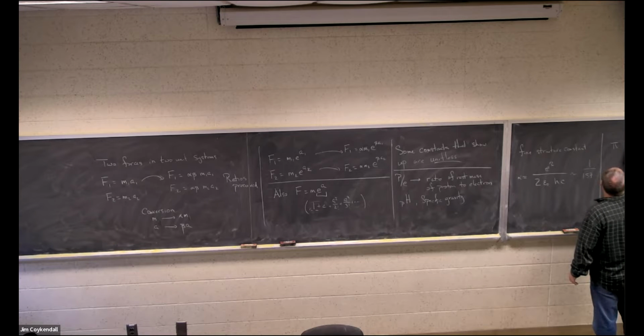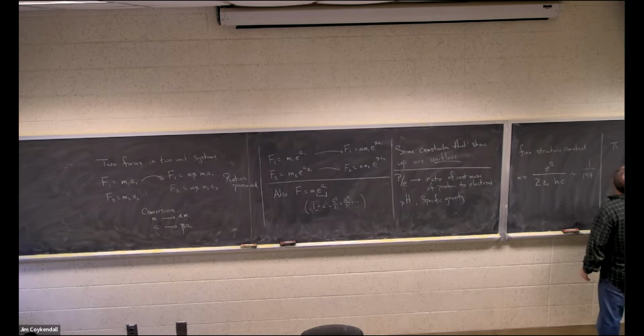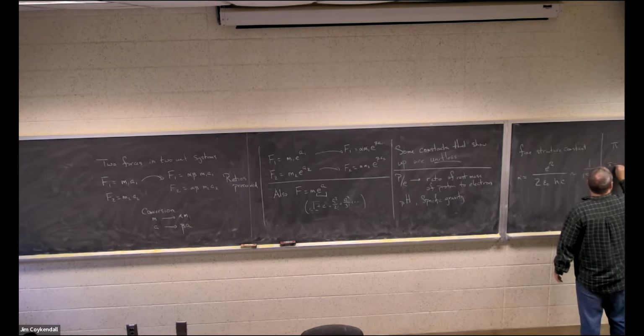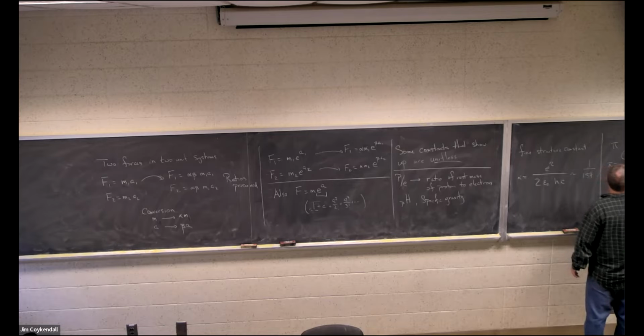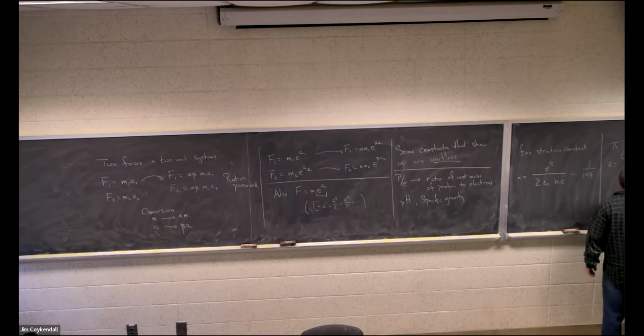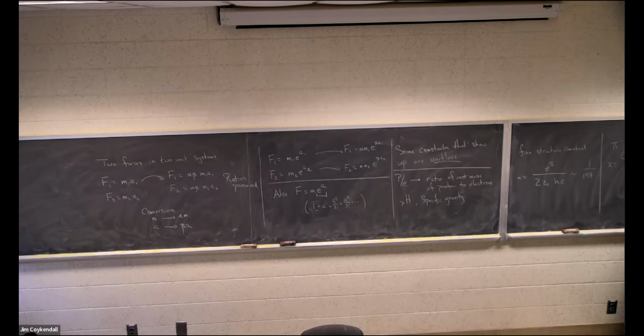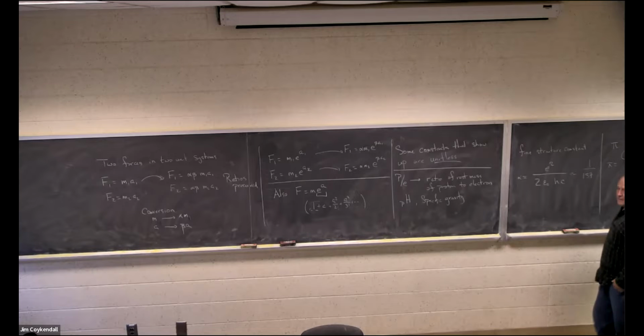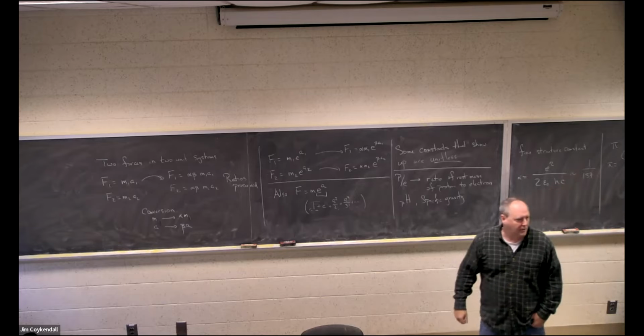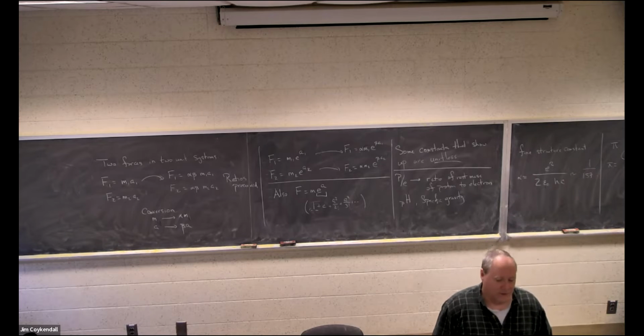But pi, by definition, is the circumference of a circle divided by its diameter. And that's probably one of our most famous unitless constants here.